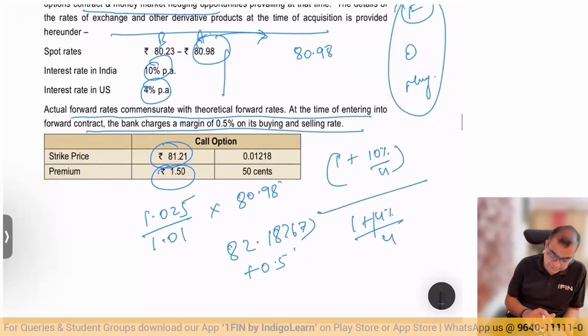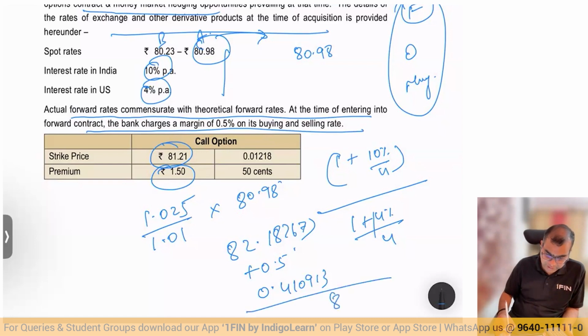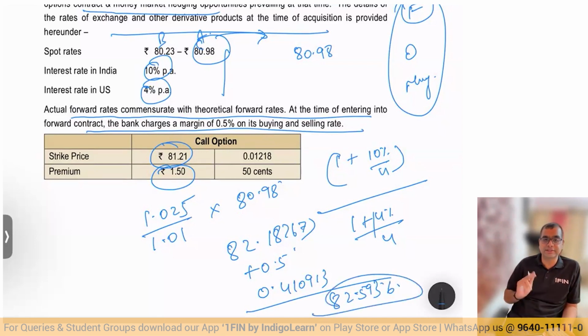This is also there, 0.5% is 0.41091, plus 82.18267 makes it 82.59358. So 36 you can take. This is the forward rate. This is the forward rate.